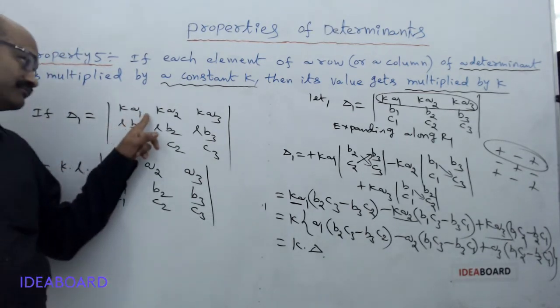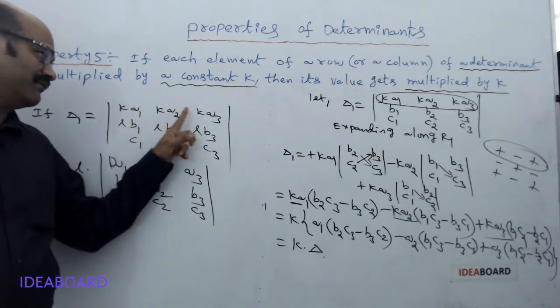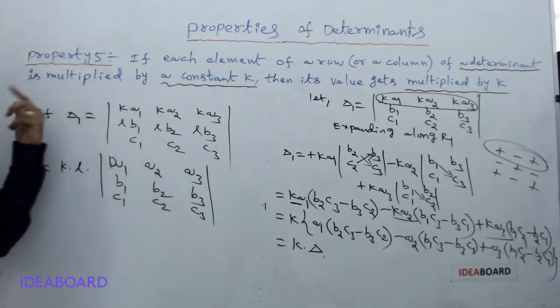So l into determinant of a1, a2, a3, b1, b2, b3, c1, c2, c3. So that if each and every element of any row is multiplied by k, that k can be taken outside.